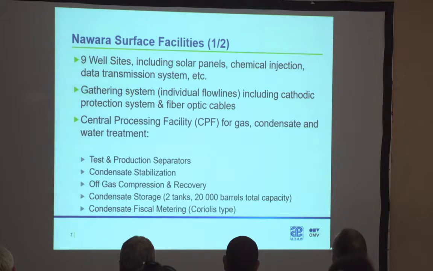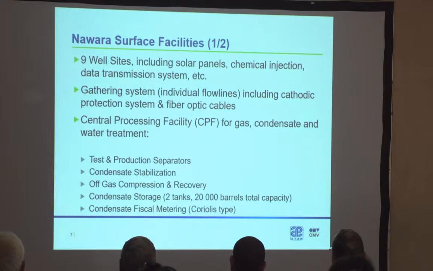So in the well sites, we have the well heads. We have solar panels for power generation, which is needed for the chemical injection pumps and the control panel of the wells.